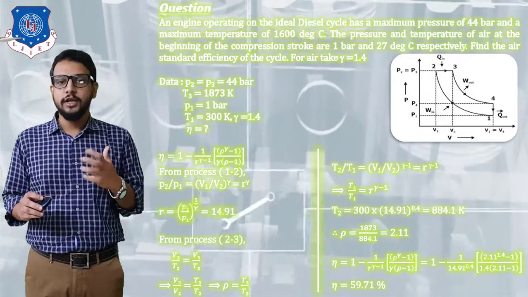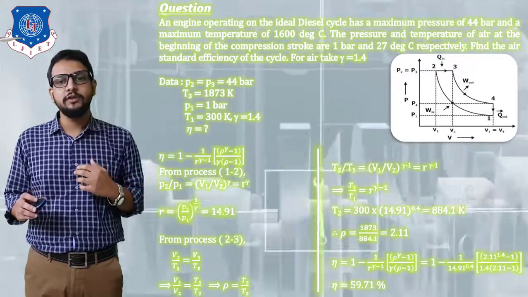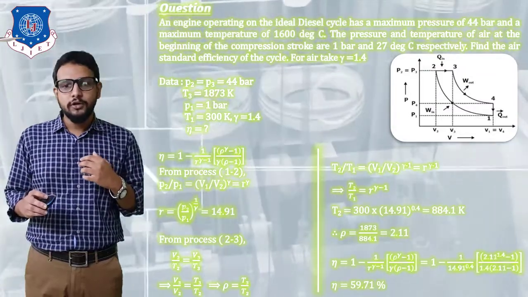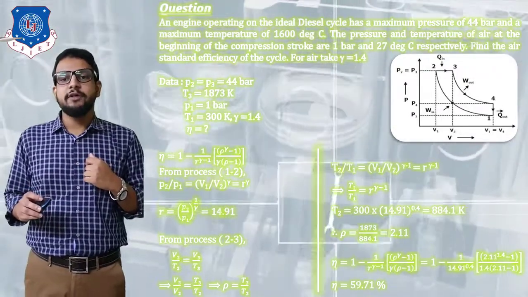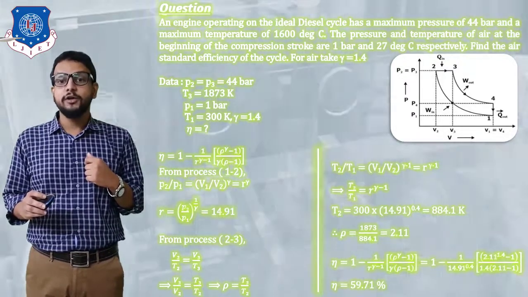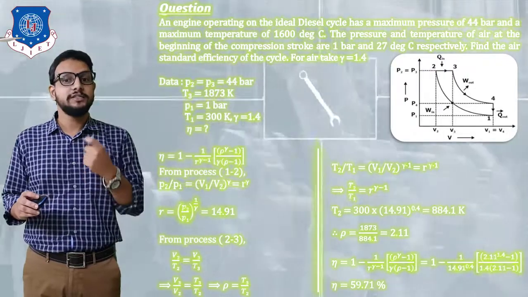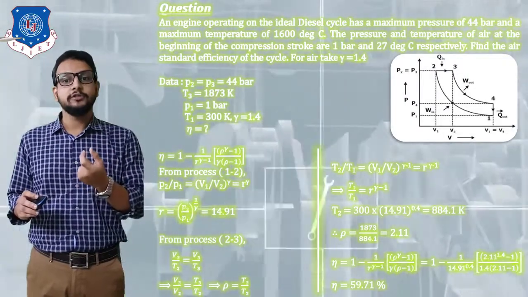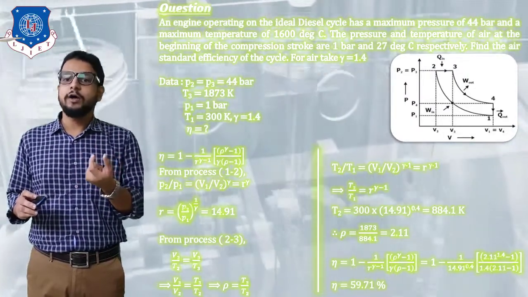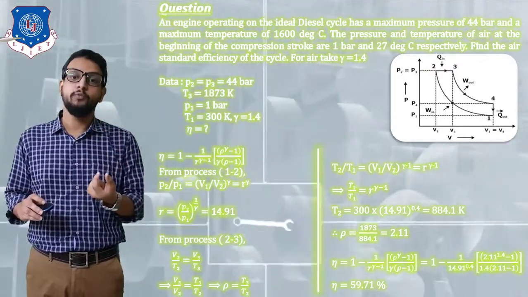Fulfilling all the requirements to determine efficiency of our diesel cycle, we substitute and get eta is equal to 59.71%. While doing that, remember that calculation is very important. First of all we need to solve the term inside the bracket, then multiply it with the outside term, and then subtract that term from 1.